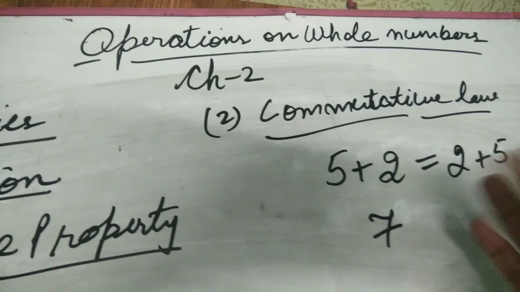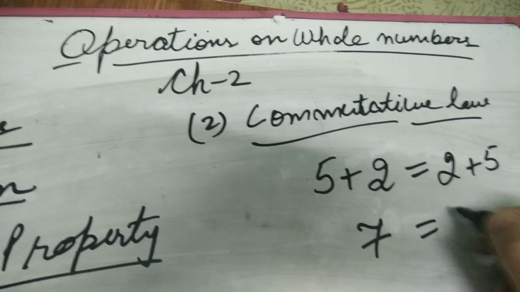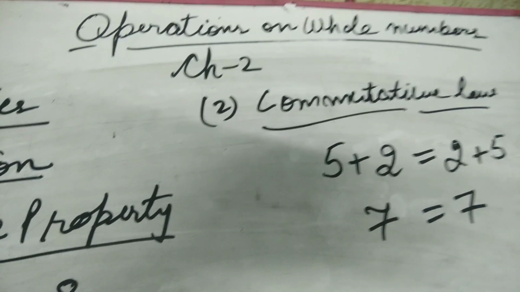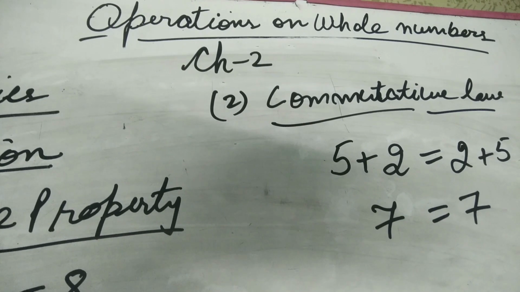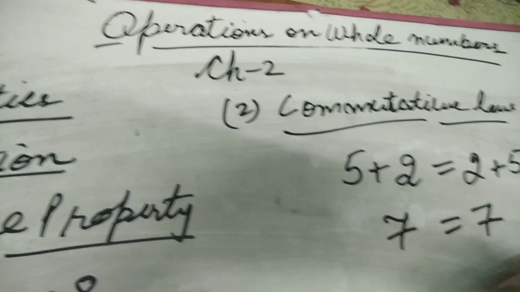Now when I add 2 and 5 instead, it is the same. So this is what the commutative law of addition says.